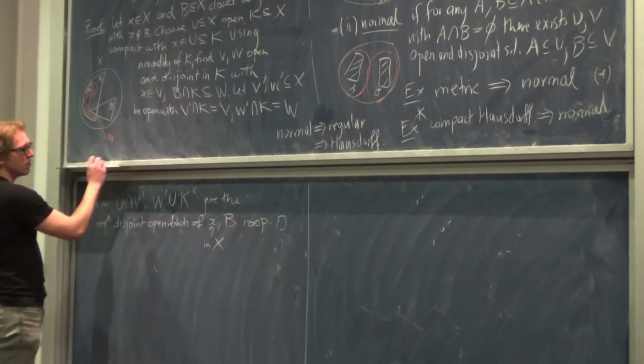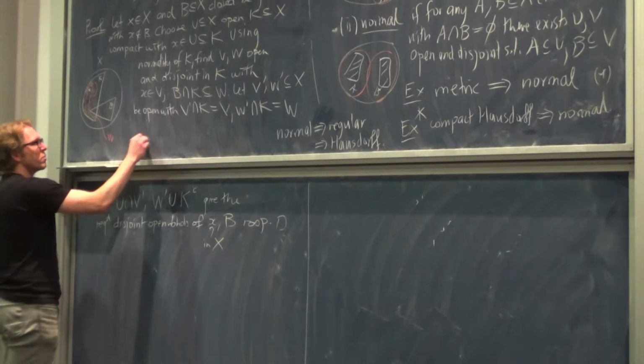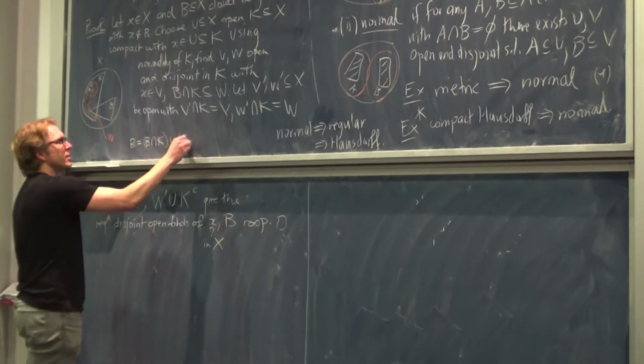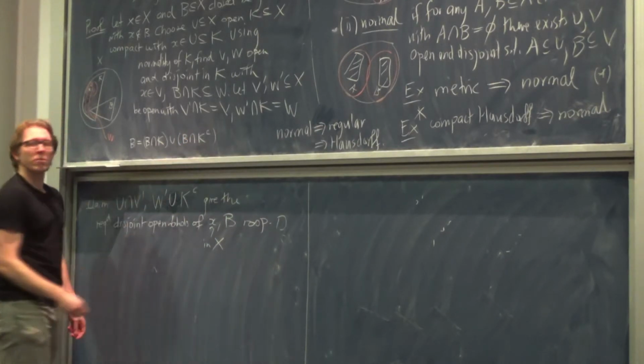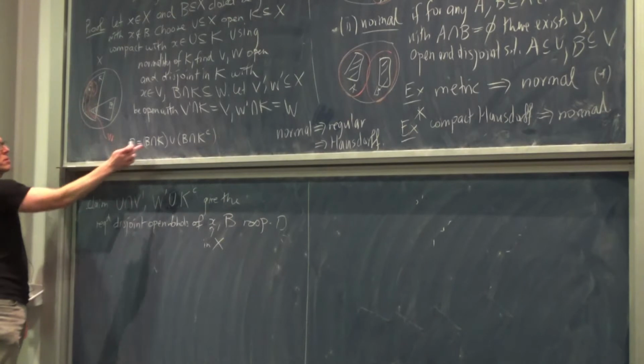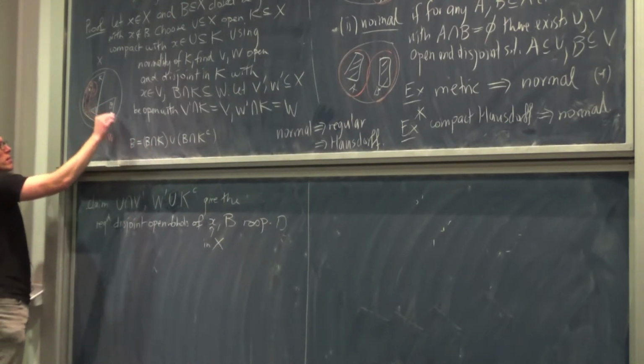Yeah. Okay, so B is equal to B intersect K union B intersect K complement. Right? That is to say, B is this part union with that part.